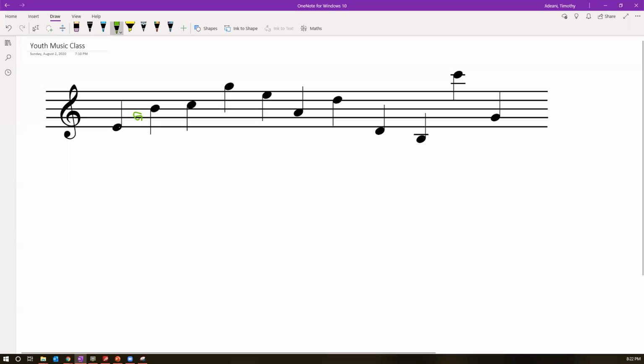Alternatively, we can say what are the lines and what are the spaces. Our spaces are F, A, C, E.